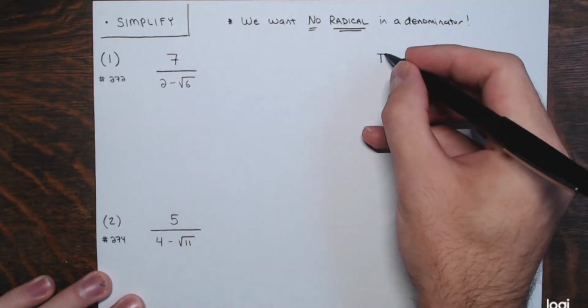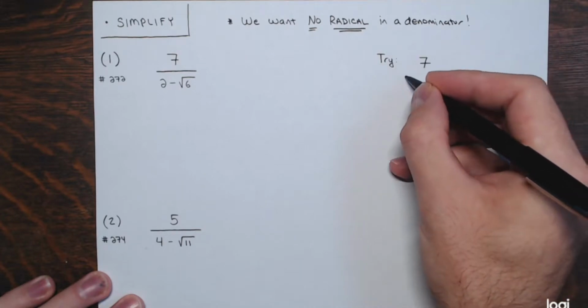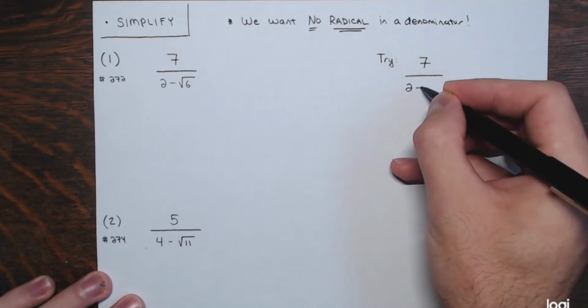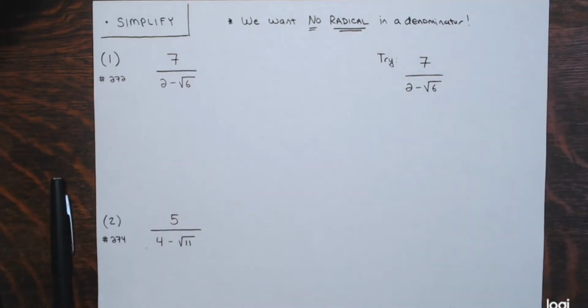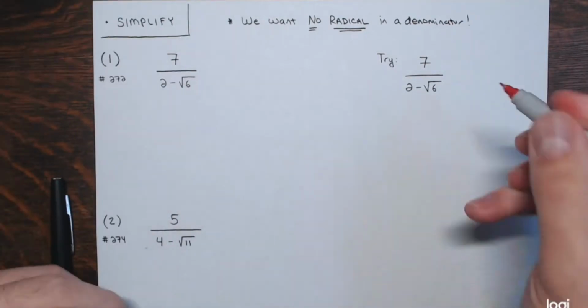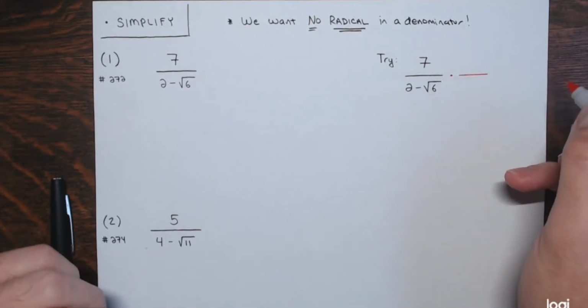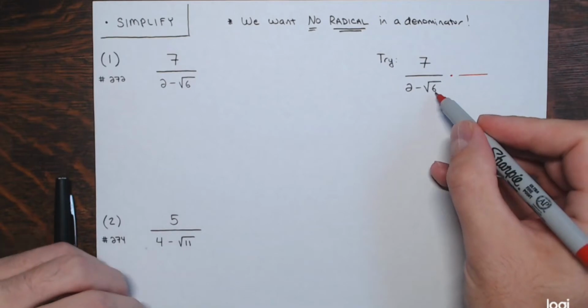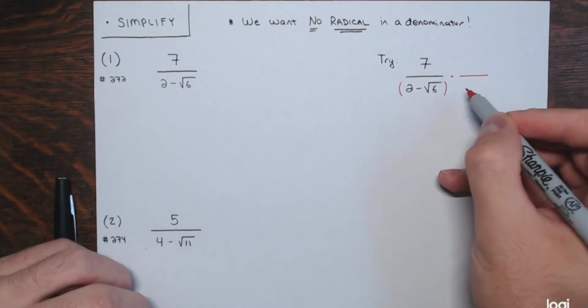Let's try this off to the side. I'll write 7 divided by 2 minus the square root of 6. You might think, I'll just rationalize this denominator the same way I did with one term. Again, it's got multiple terms, so I'll put it in parentheses.